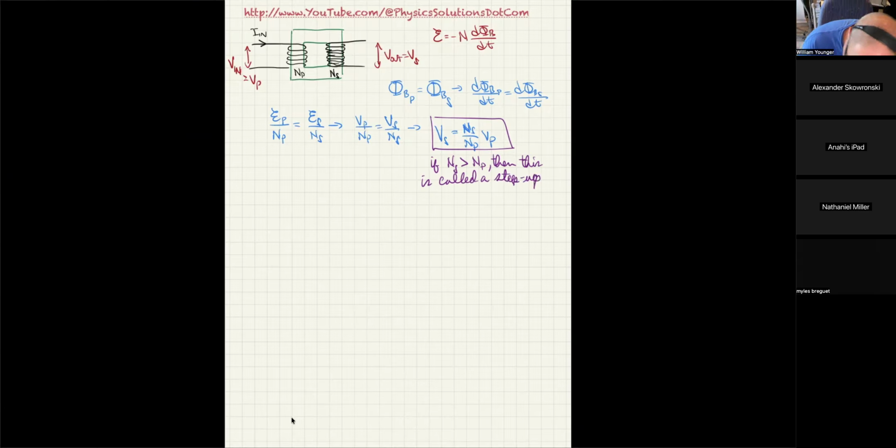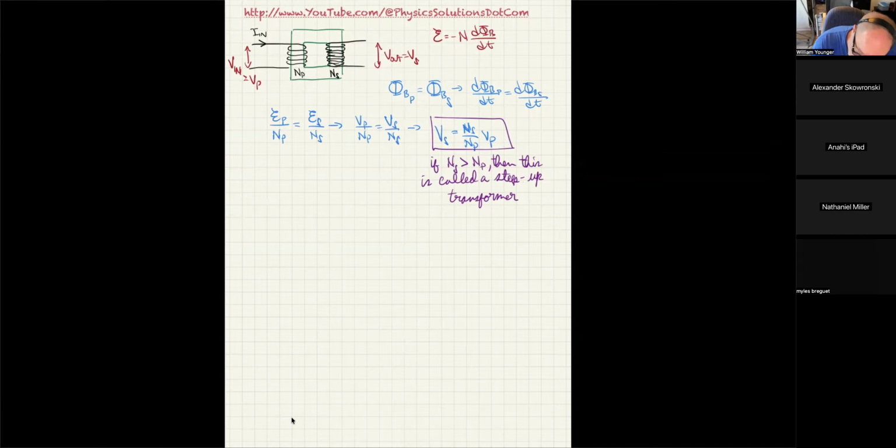Ooh, that was a really funny looking P that just happened there. This is a step up transformer, and that means the input voltage will be smaller than the output voltage.